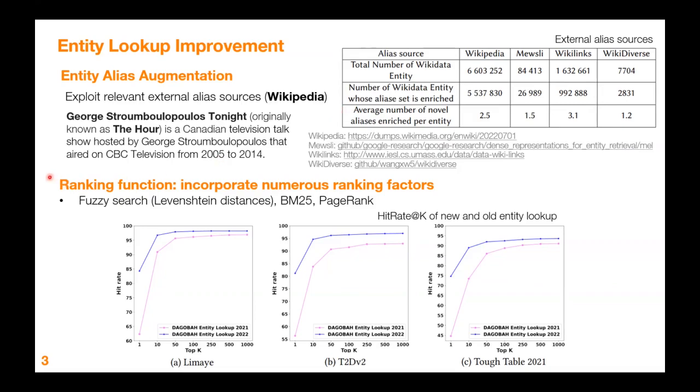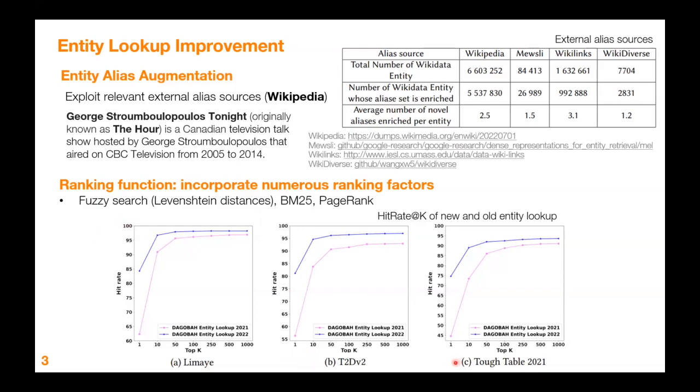Second, in the ranking function, we incorporate 3 ranking factors into the final ranking score, such as fuzzy score based on Levenshtein distance, BM25 score like TF-IDF score, and Bayesian score. We evaluate the hit rate of the old and the new lookup at different numbers of returned candidates. And we do this on 3 datasets: IMDB, T2D, and Tough Tables.